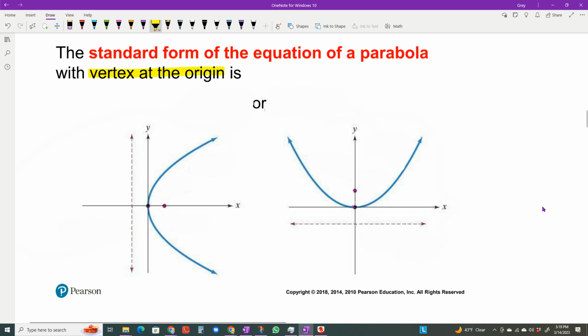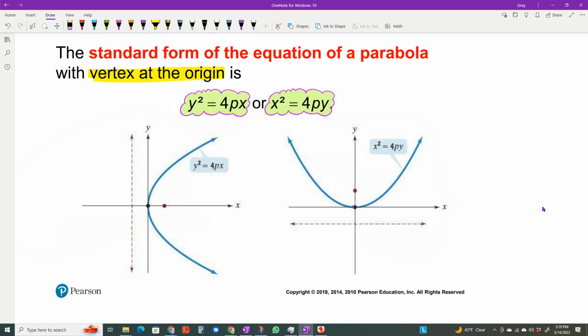So first off, the standard form of the equation of a parabola whose vertex is at the origin. If the vertex is at the origin, we're either going to have y squared equals 4px or x squared equals 4py. Now, you've got to remember which one goes which. Before today, you have known that y equals x squared is a parabola going up.